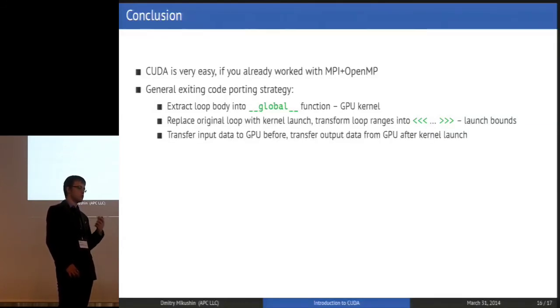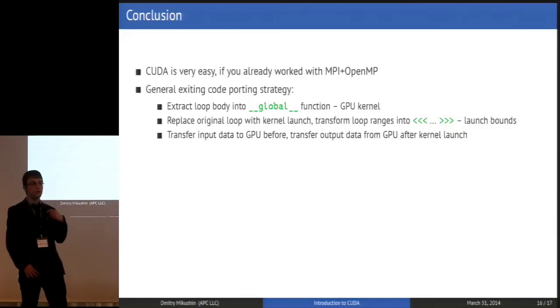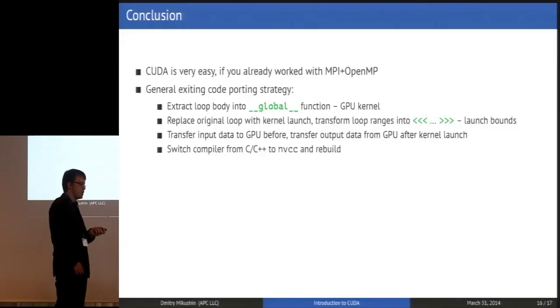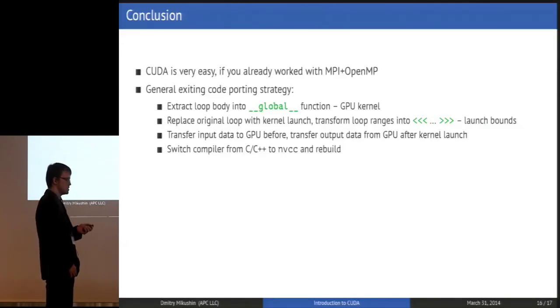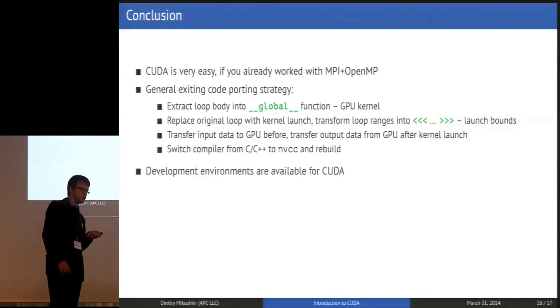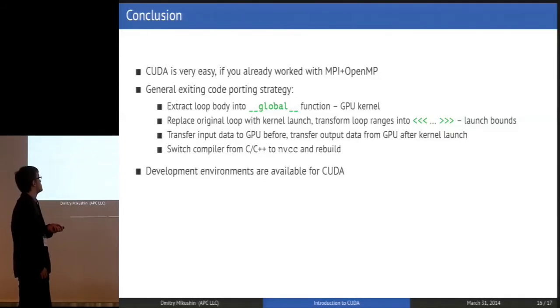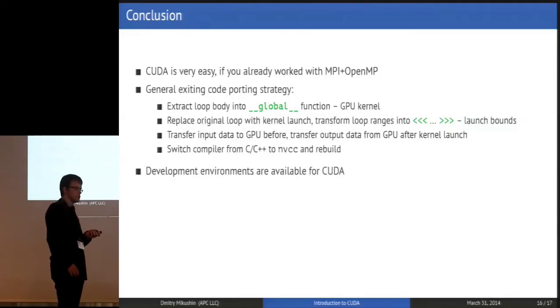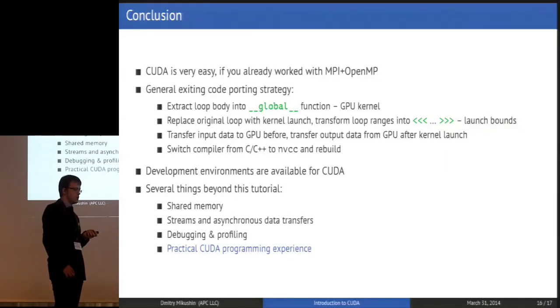Next, we need to transfer input data to the GPU before, and transfer the output data after the kernel launch. And the easiest thing would be to switch the compiler from C++ to NVCC and rebuild your program. Development environments are already available for CUDA and should make everything comfortable.